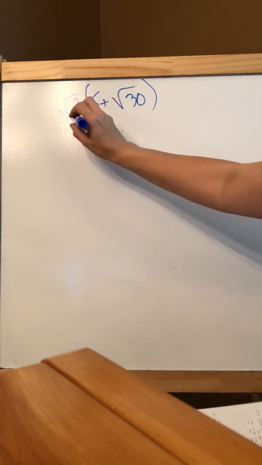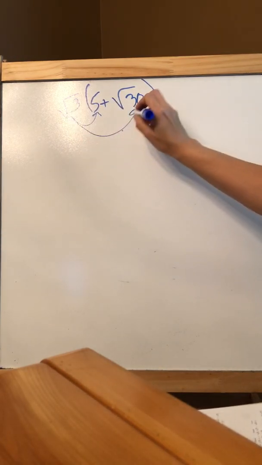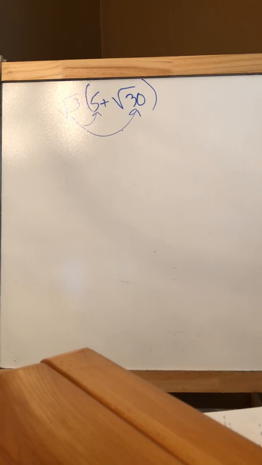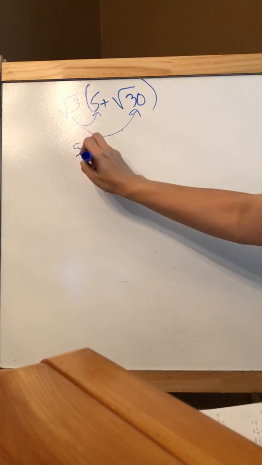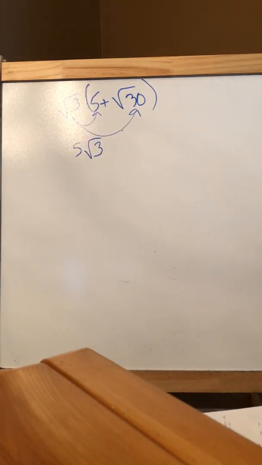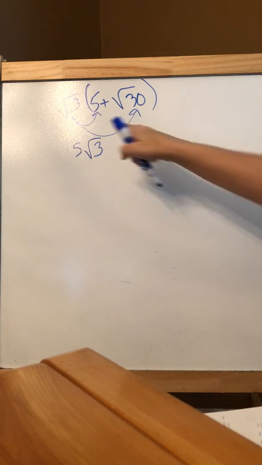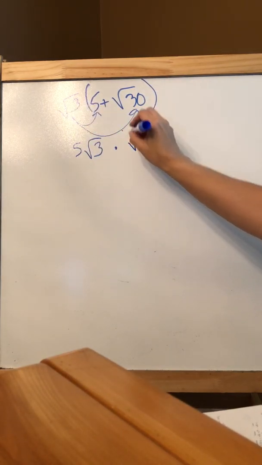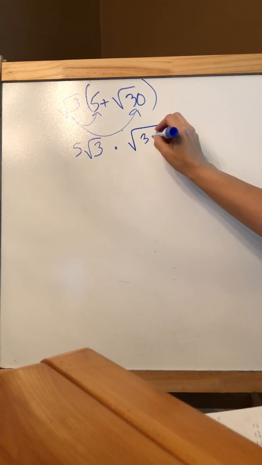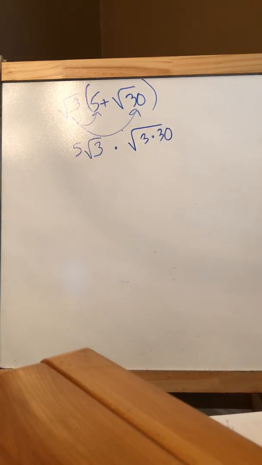You're going to distribute the square root of 3 here and here. What's 5 times the square root of 3? That is 5 times the square root of 3. And then the square root of 3 times the square root of 30.